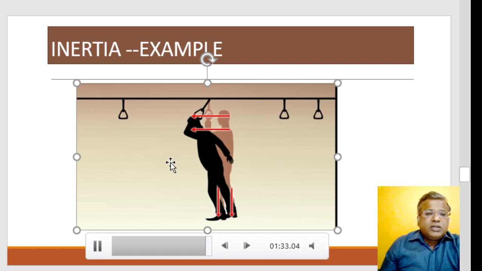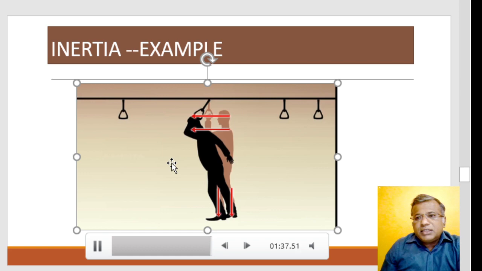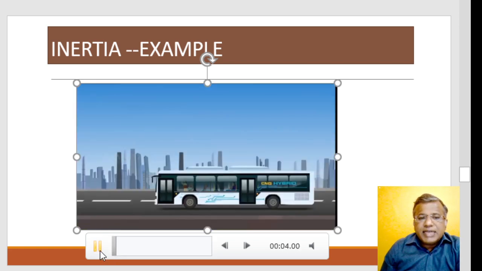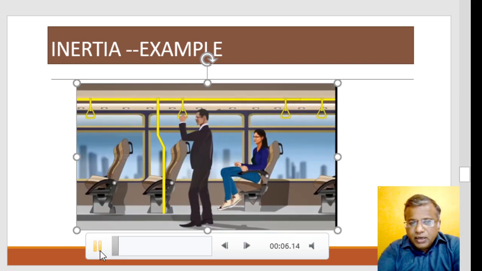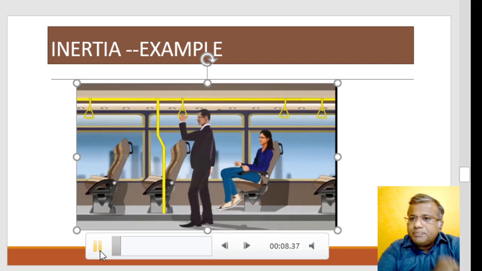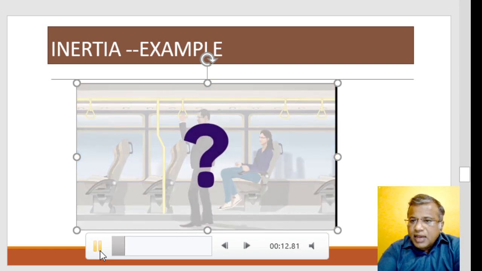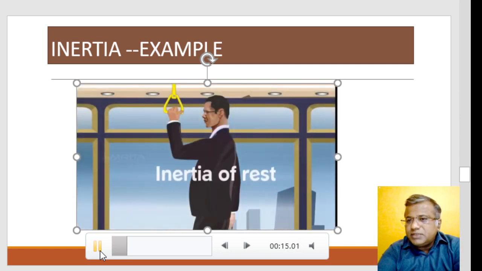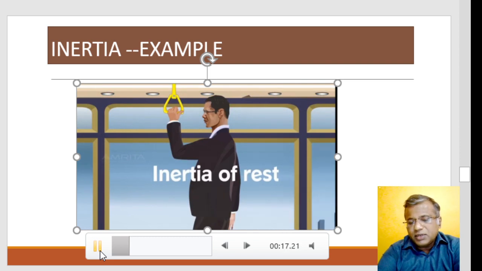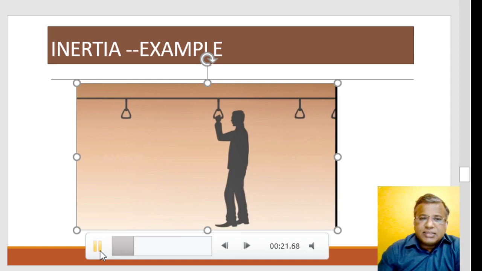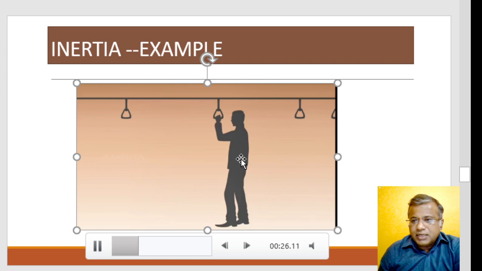Here we discussed two types of examples. Initially, the person was at rest and suddenly the bus started. This is an example of inertia of rest. Earlier the person was at rest and he felt the motion in the backward direction.